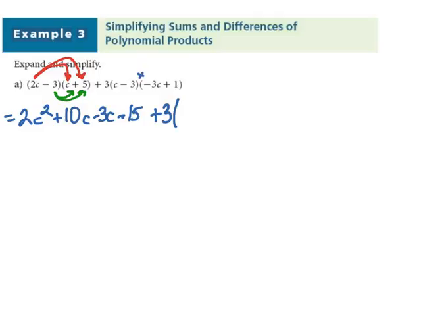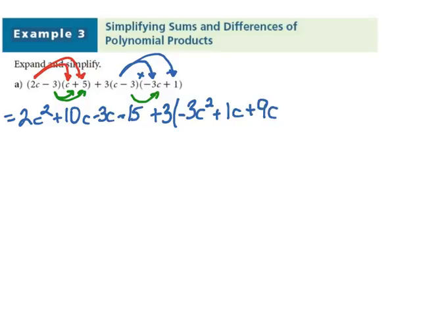The next polynomial. So again, c by negative 3c, which is negative 3c squared. Then c by 1, which is 1 times c is just plus 1c. And then negative 3 by negative 3c, that's positive 9c.